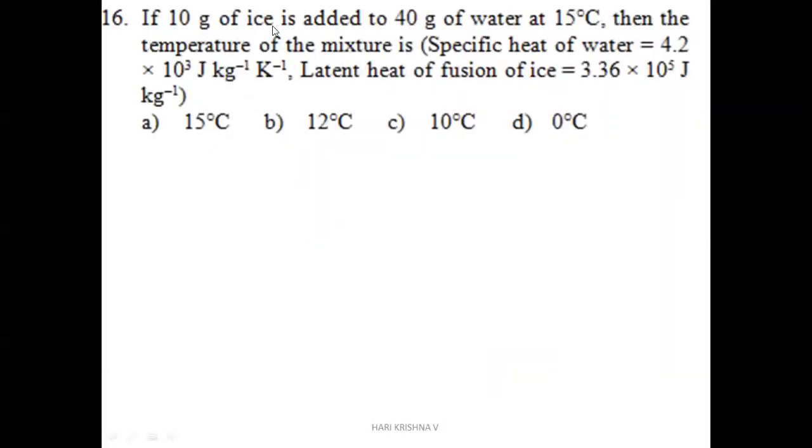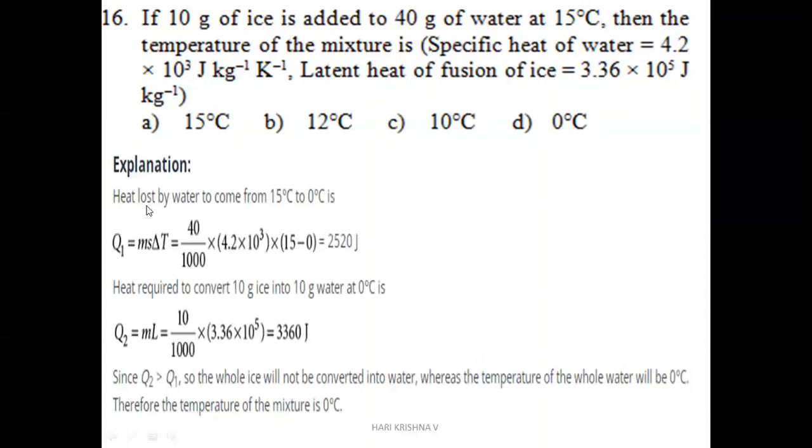Next, 10 gram of ice is added to 40 gram of water at 15 degrees Celsius. Then find the temperature of the mixture. The specific heat of water is given as 4.2 × 10 raised to power 3 joules per kg per Kelvin, and the latent heat is given as 3.36 × 10 raised to power 5 joules.